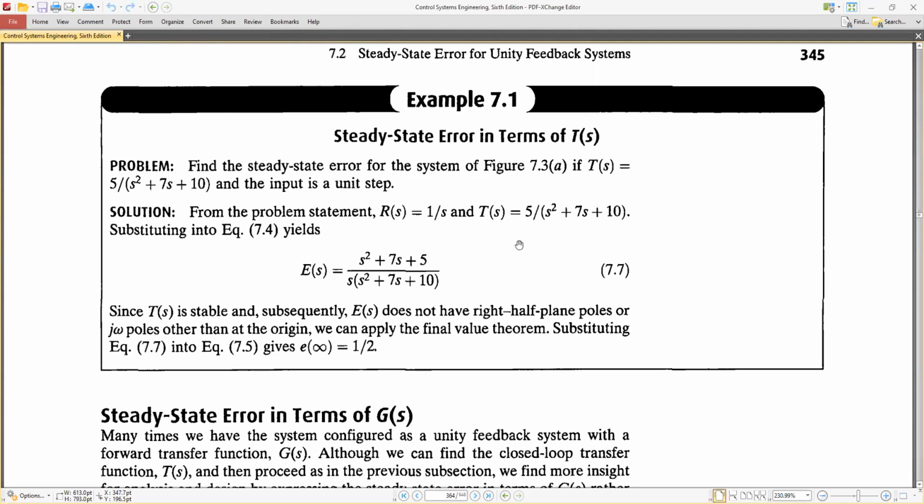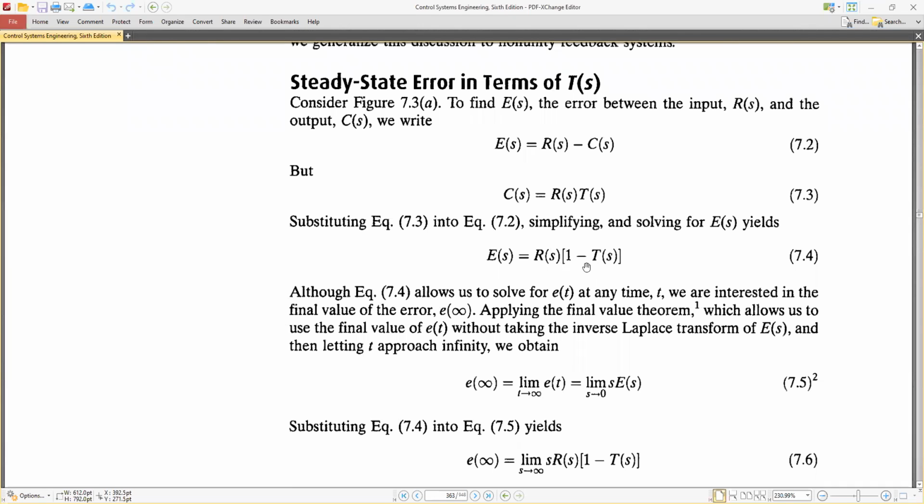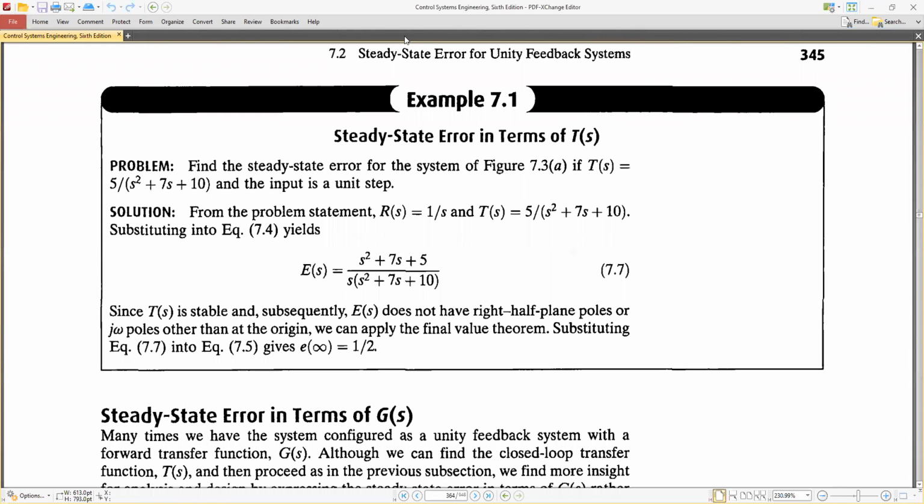From the problem statement, R(s) is 1 by s, and T(s) is equal to 5 over s square plus 7s plus 10. If we substitute it into equation 7.4, which is R(s) into 1 minus T(s), then E(s) is equal to R(s) into 1 minus T(s).